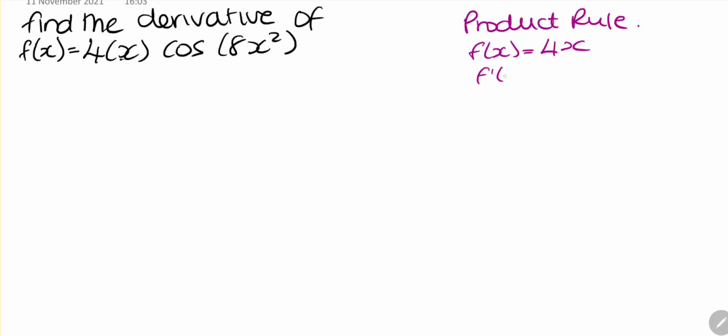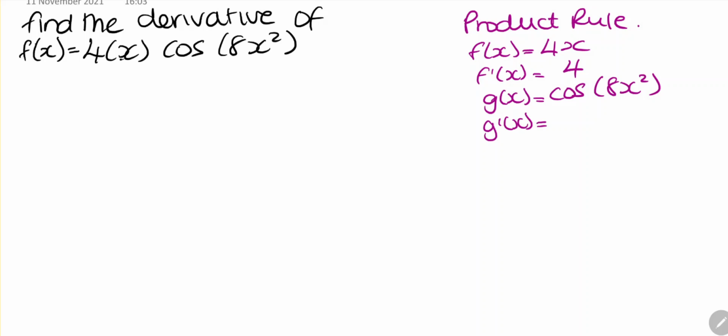Our f prime of x, taking the derivative, will just be 4. So g of x is cosine of 8x squared. And the derivative of cosine is minus sine. 8x squared stays the same. Then we multiply by the derivative of the inside, which is 16x.